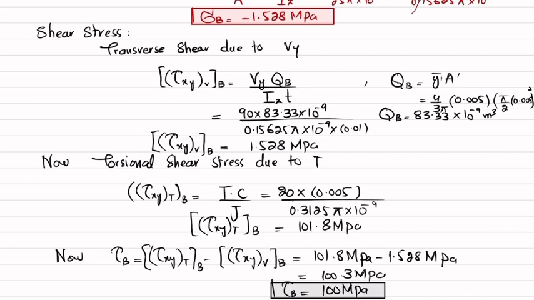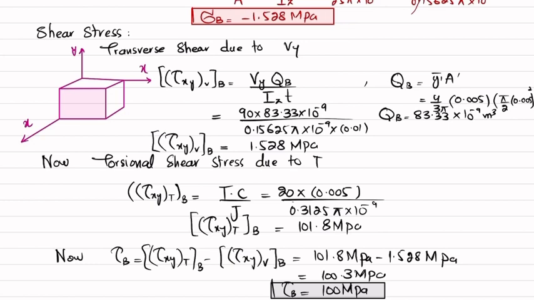Now, if you want to express the state of stress on an element at point B, let this be the small element taken. So this is your y-axis, this is taken as the x-axis, and this is your z-axis.